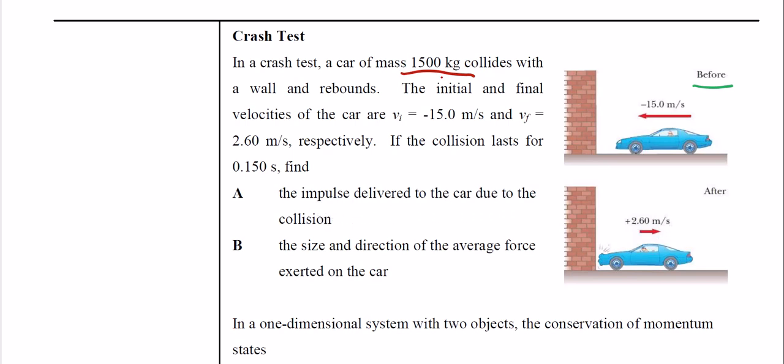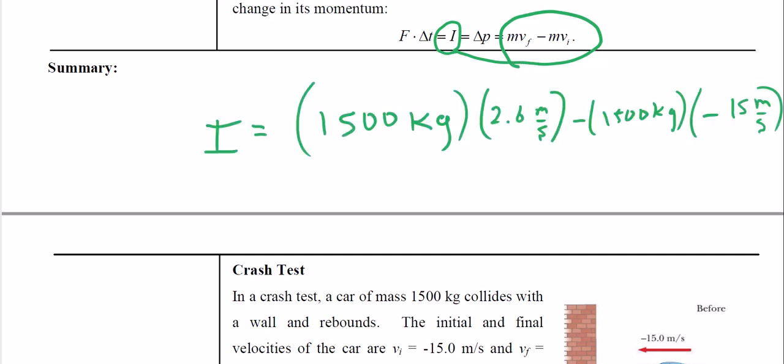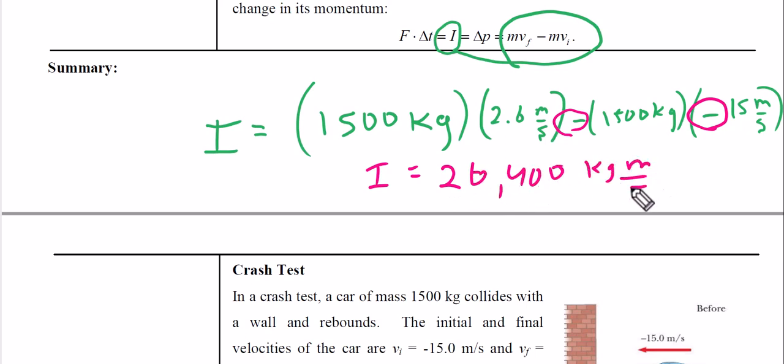Now, the impulse can be the change in momentum. So let's go ahead and do that. It's important to use the right spots and the right signs, because having this minus in the formula and this negative with this velocity will end up resulting in a positive for us, and it'll give me an impulse of 26,400 kilograms meter per second.